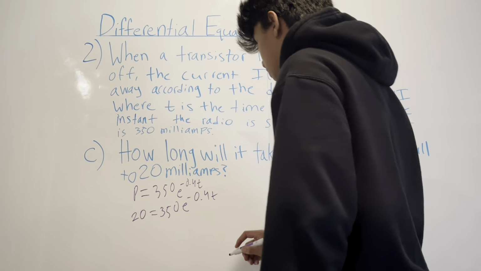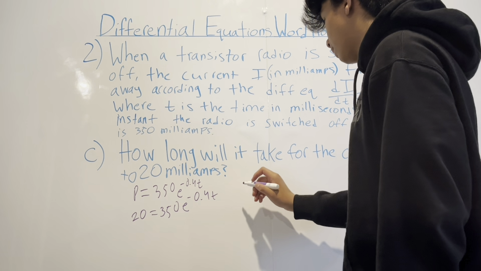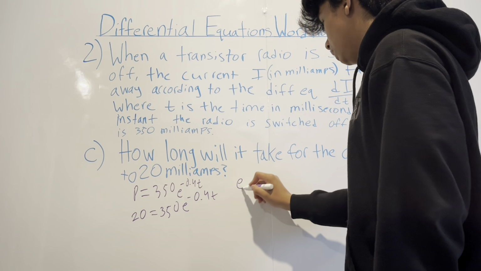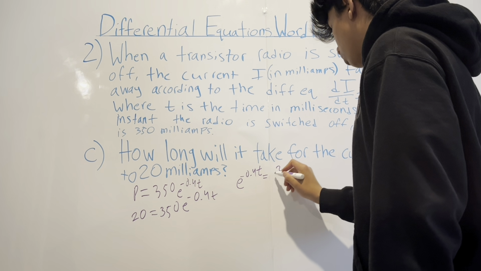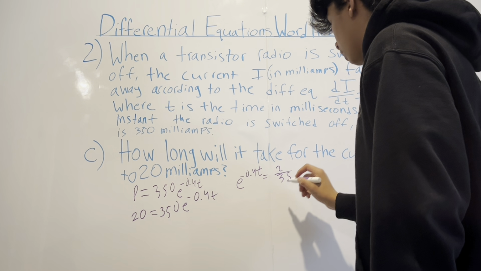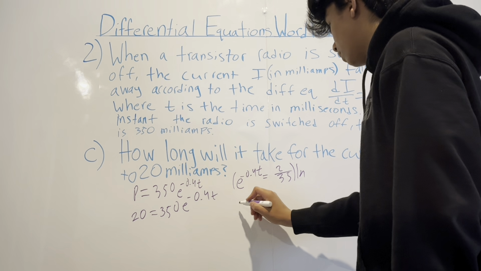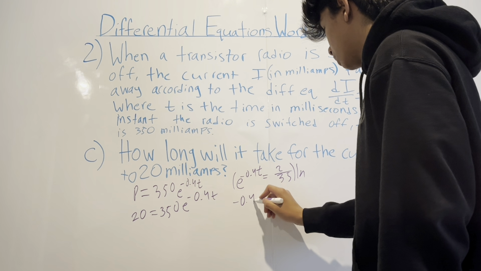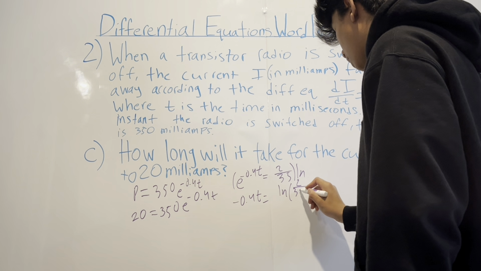Now we have to isolate t. So we can divide both sides by 350 to get e to the negative 0.4 t equals 2 over 35. Now we can ln both sides to get negative 0.4 t equals ln 2 over 35.